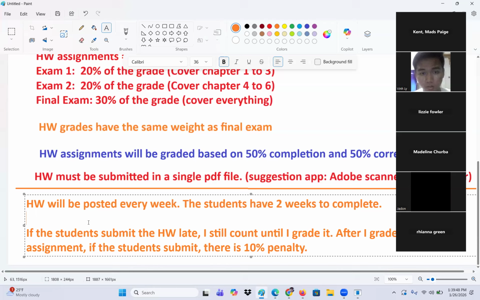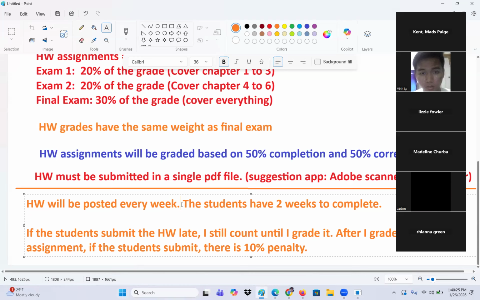So what that means is, let's say after you grade all the homework assignments for all the students, and we have a class of 30 students, and 25 of you submitted on time. When I finish grading it and you still haven't submitted, those 5 students can still submit your homework, but I would take away 10%.